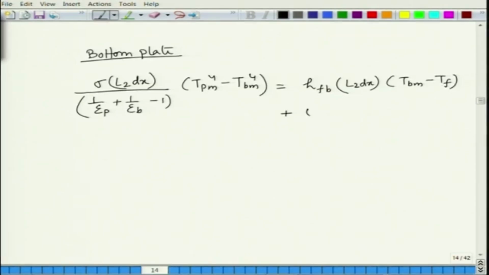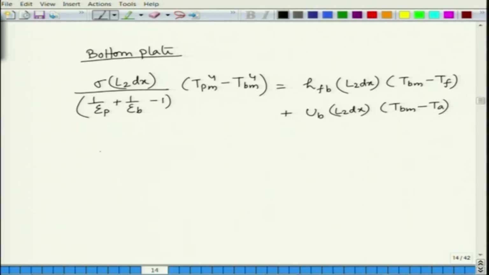And we also have the bottom loss coefficient, which is taking heat from the bottom plate to the ambient. This will be that term. So, that gives us the heat balance for the bottom plate.